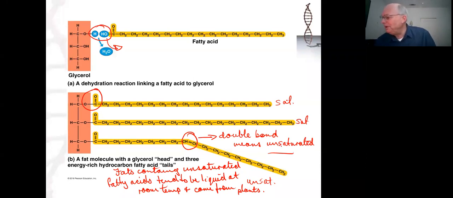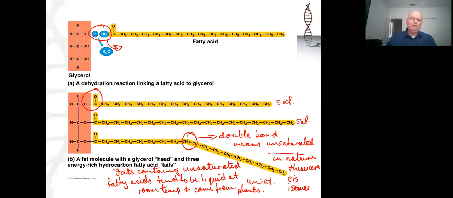And what I should mention here is, in nature, these are cis isomers. So hopefully you'll remember from the previous section, we talked about cis trans isomers or geometric isomers.